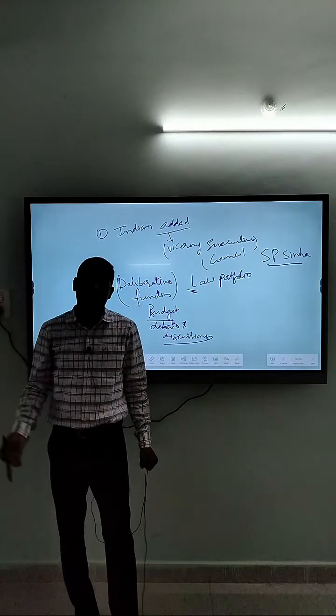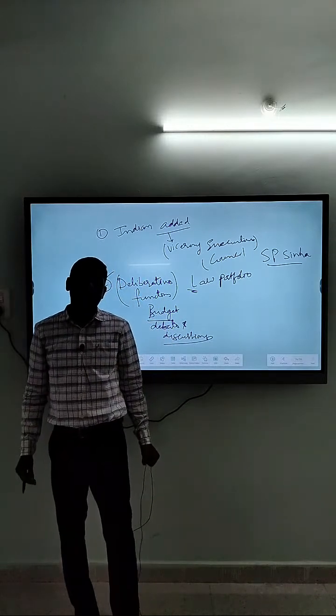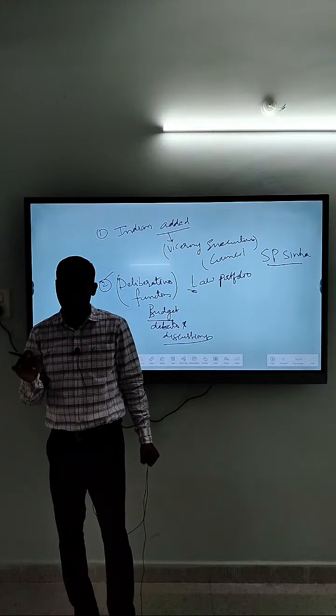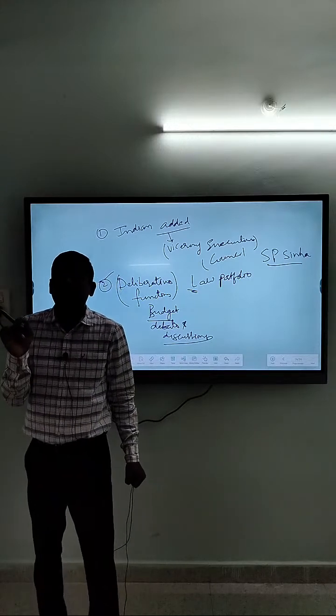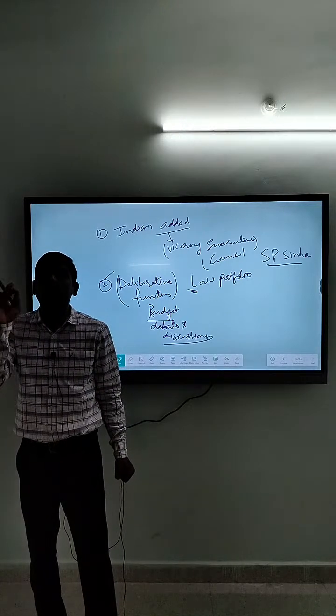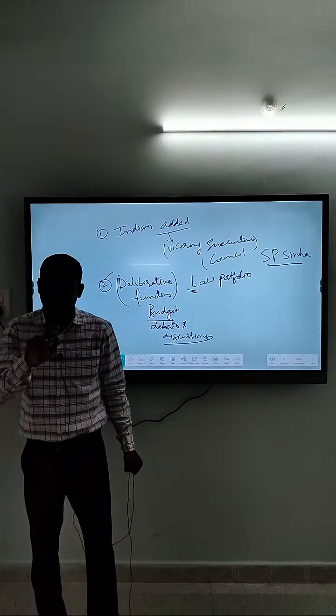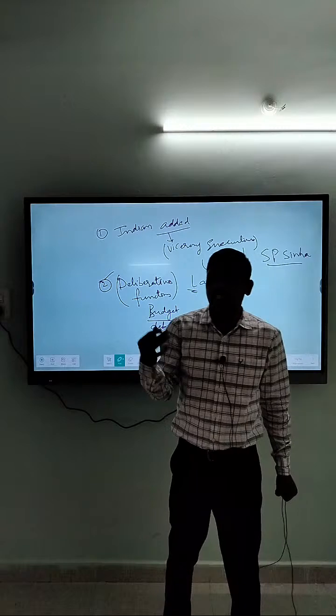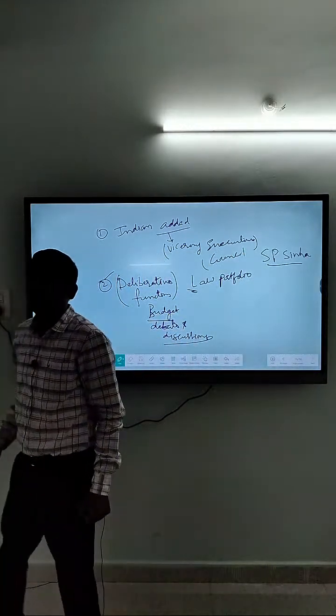The budget is not passed. Will it have any impact on the government? Remember, if the budget is not passed, then it is a ground for introducing a no confidence motion. The government will not fall directly, but it will be a ground for introducing a no confidence motion.